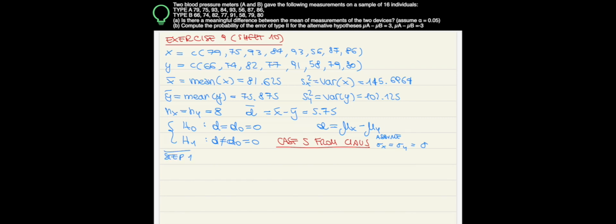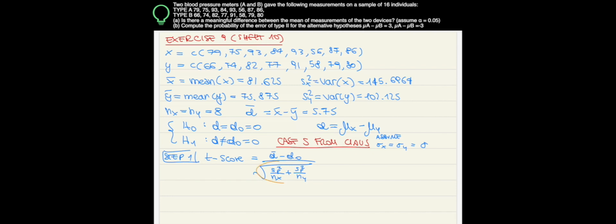Step 1, t-score. So the t-score is given by d bar minus d0 over the square root of, do you remember the pooled variance? So a bit annoying calculation, but we can do it. The t-score will be d bar minus d0 divided by the square root of this guy here.